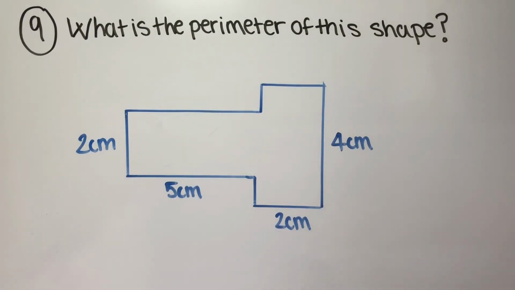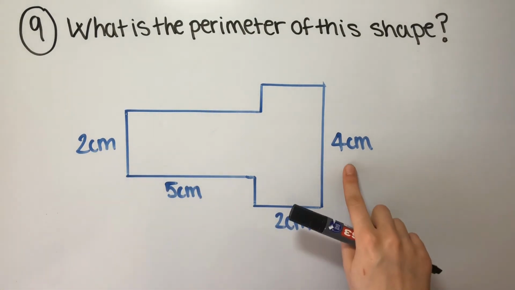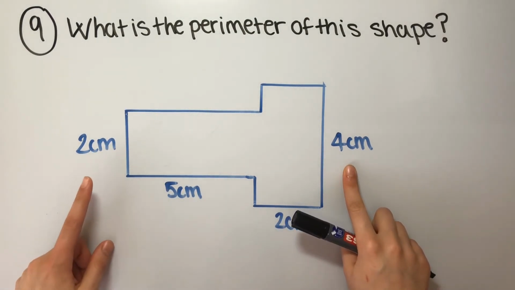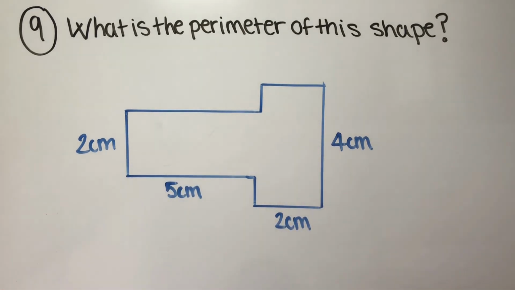Question 9. What is the perimeter of this shape? To work out the perimeter, we first need to work out what each of the sides of this shape equal. To work out these two, we're going to do 4 minus 2, which is 2. We know that these two, if we add them together, we get 2 centimetres.